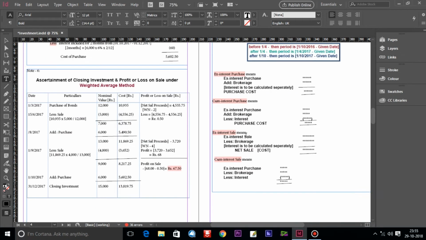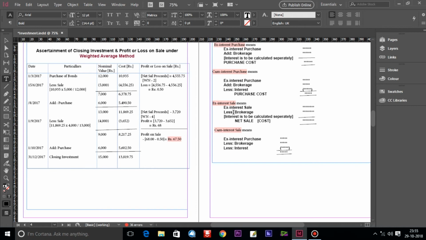Similarly, in case of X interest sale, you have to deduct brokerage. In case of purchase, brokerage has been added, but in case of sale, brokerage is being deducted. Now, why? Brokerage is actually paid to the stockbroker. When I am going to purchase something, then I have to pay some amount of money as brokerage to the broker. Therefore, the total purchase price is increasing.